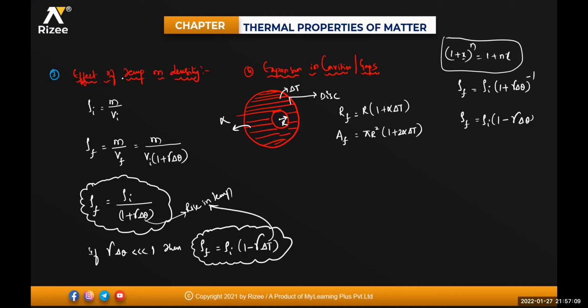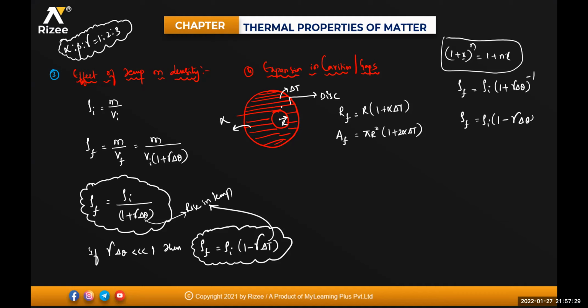Isn't it? Because you know the relation between alpha, beta and gamma. Alpha is to beta is to gamma is 1 is to 2 is to 3. Very important relation: the relation between coefficient of linear expansion, areal expansion, and cubical expansion is alpha is to beta is to gamma is 1 is to 2 is to 3.